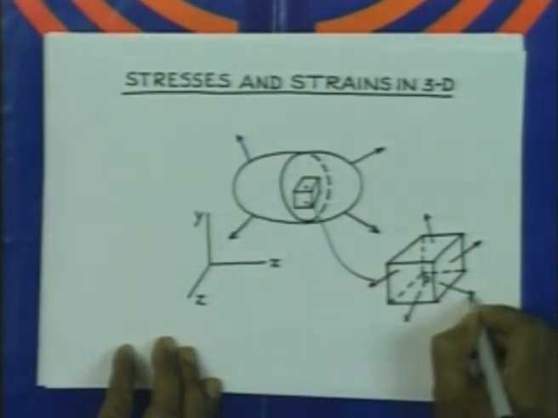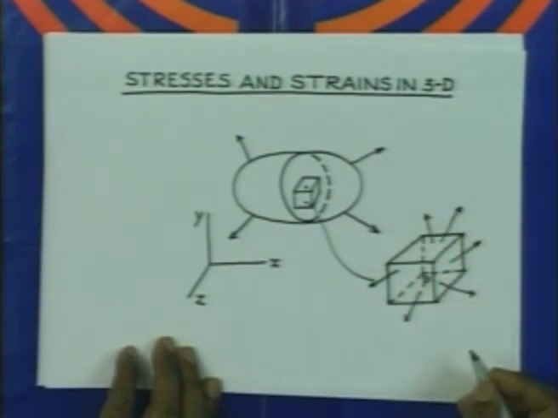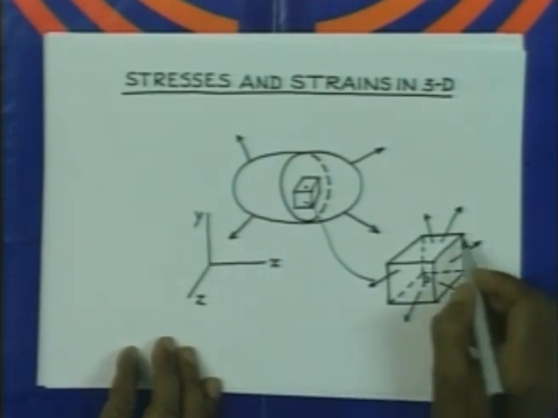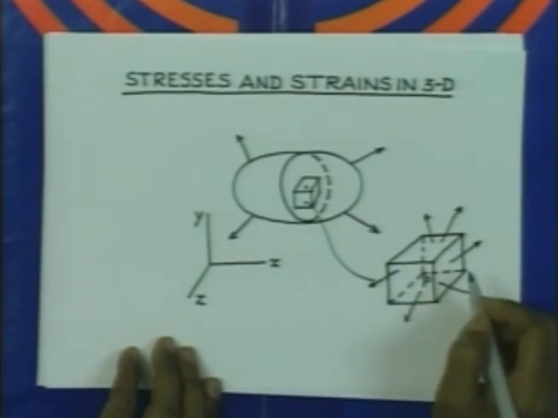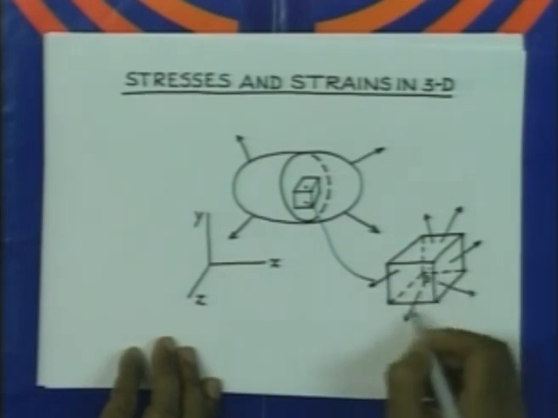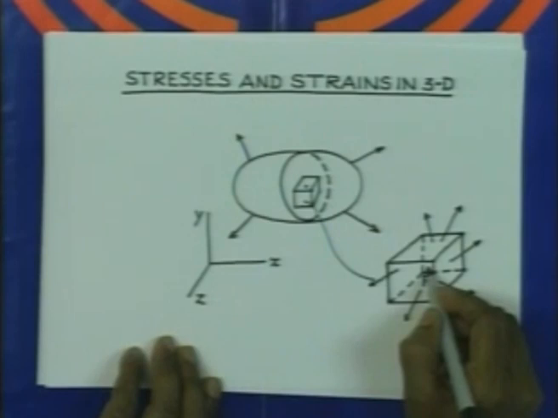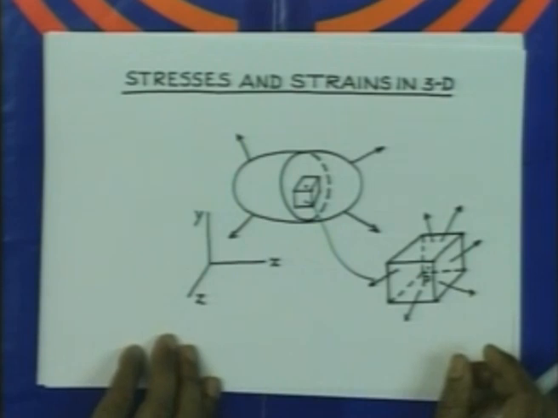So, there will be 6 faces and 6 forces coming up on each of the faces. We can express these forces per unit area, and as the size of this cube is shrunk to 0, we will find that the stresses or force intensity at the point P will be obtained.